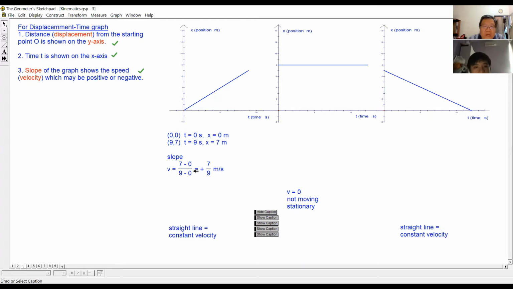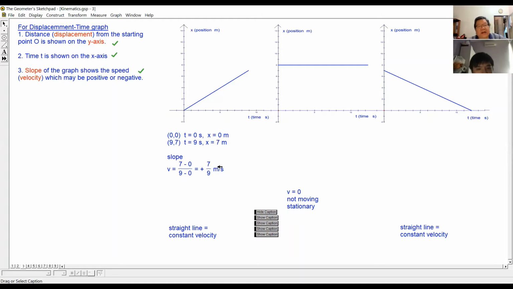How to find the slope? Because you have 2 points there, (9, 7) and (0, 0). So the slope is 7 minus 0, the y coordinate minus the y coordinate, over 9 minus 0, the x coordinate minus the x coordinate. It turns out to be positive 7/9 meter per second.